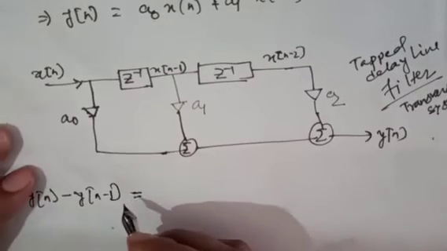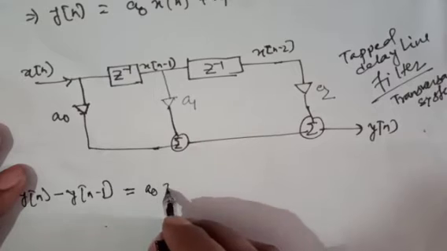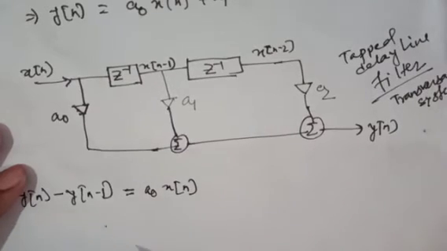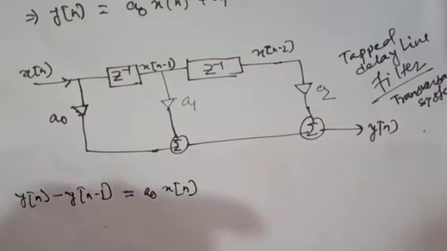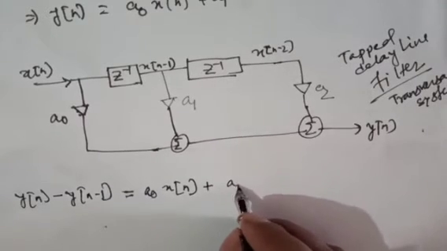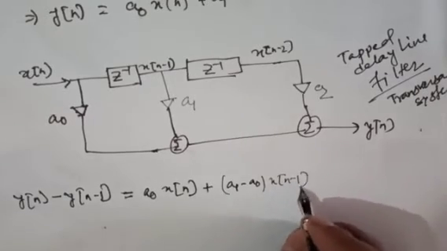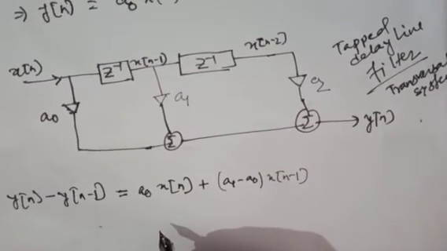So it will be a0 x of n, then a1 minus a0 times x of n minus 1, right?